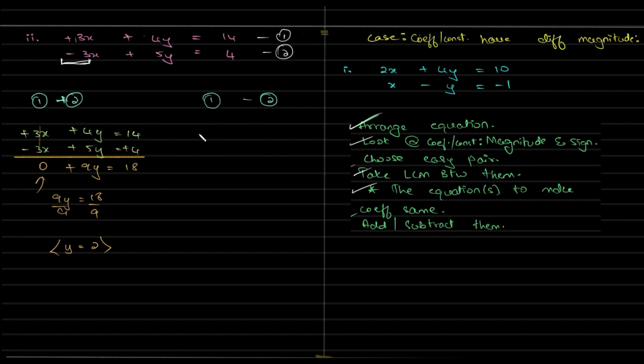Well, will we get the same help as what we got over here? A single variable. When we subtract them, let's have a look. So now we are looking at plus, minus, and plus. Why did I do that? We're subtracting, we're taking a negative of equation 2. Is it not?